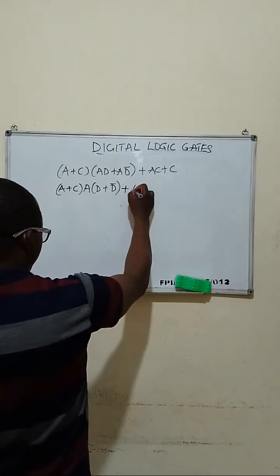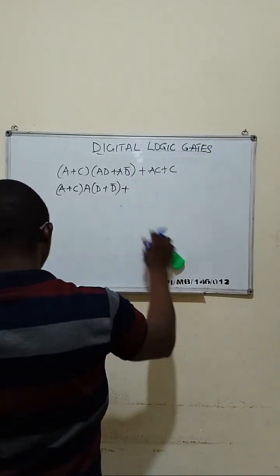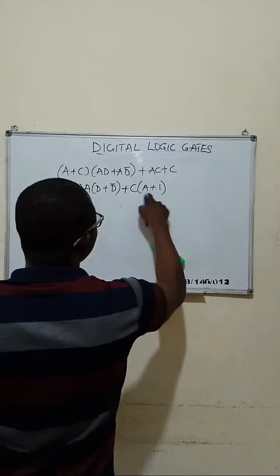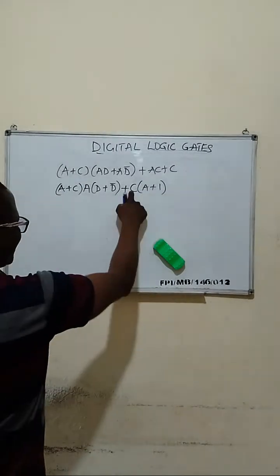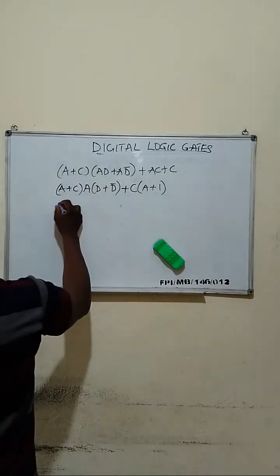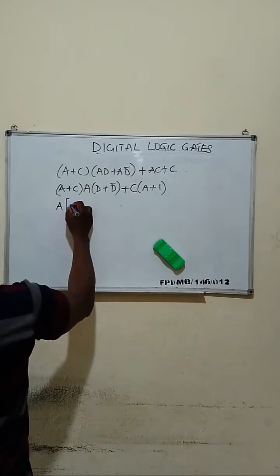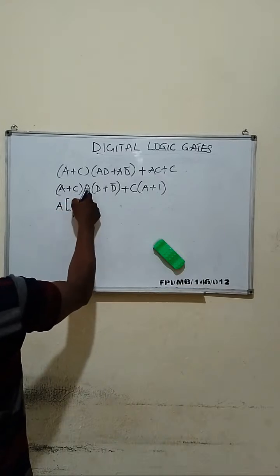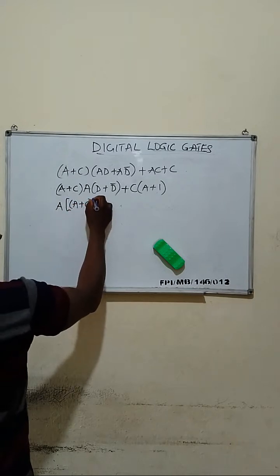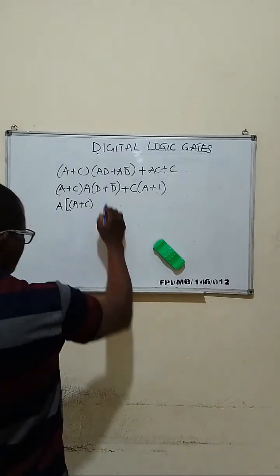And also we now have C. We can bring out C also. C into A plus 1. A plus 1 is always 1. So 1 dot C will give us C in the next line. Okay? So we factorize this A out. We now have A plus C here, multiplied by D plus D bar.